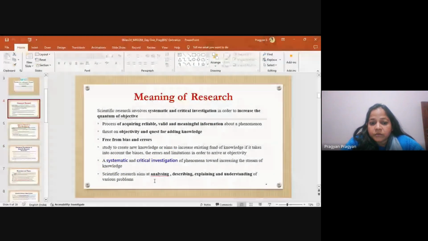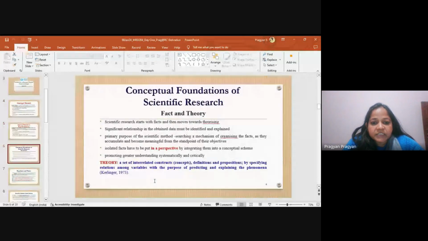The whole purpose of scientific research is basically to analyze, describe, explain, and understand those various facts. So the primary purpose of this scientific method is to organize those facts. That is why a relationship has to be there between fact and theory. That means isolated facts are never going to be helpful.